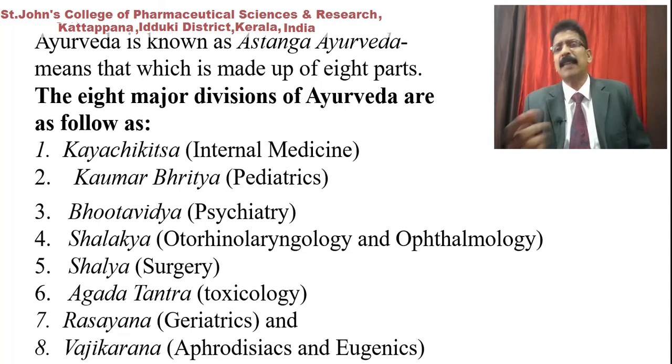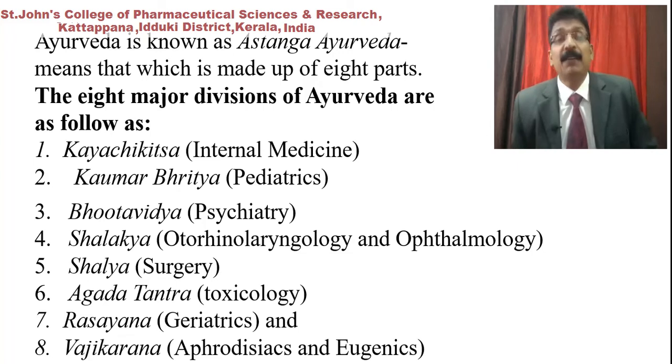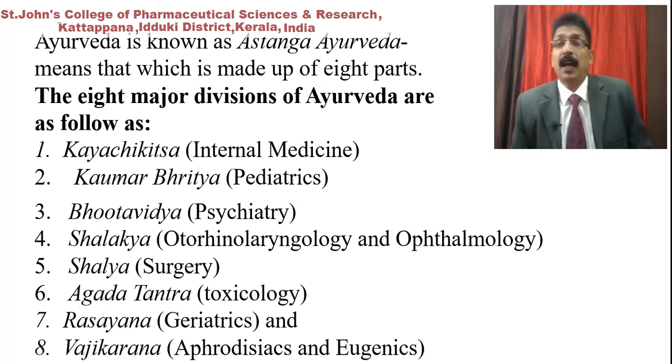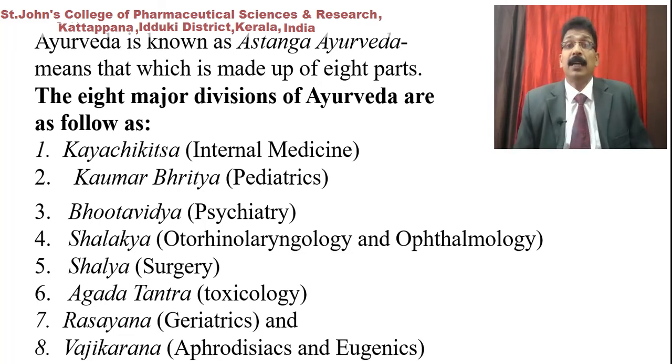Aphrodisiacs are certain drugs and herbs we study for increasing sexual activity, and treatment for impotency and many other treatments, so that sexual action can be improved. This is a special branch.